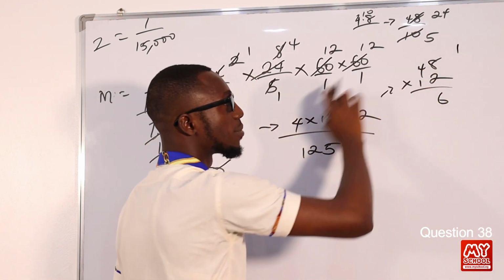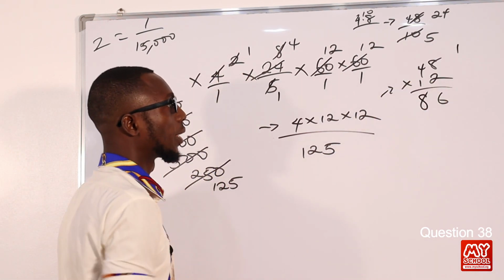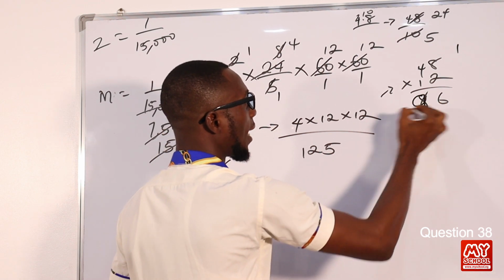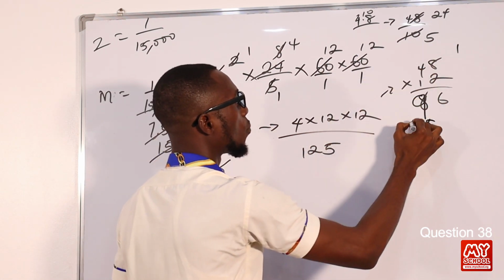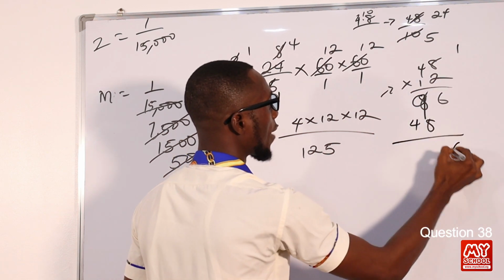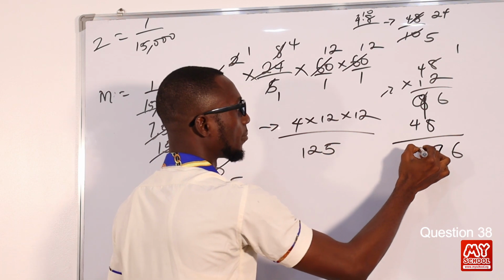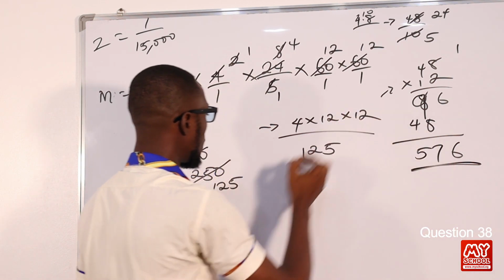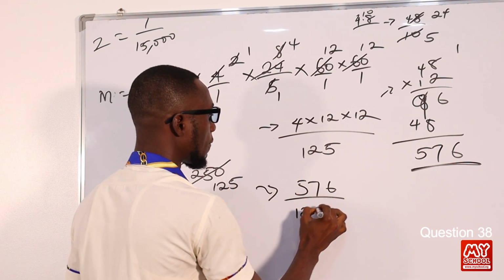We leave 1. 2 times 4, we have 8. 8 plus 1, that is 9. So 1 times 8, we have 8. 1 times 4, we have 4. So from here, we have 6. 9 plus 8, that is 17. We leave 1, making 5. So for the numerator, we have 576 over 125.